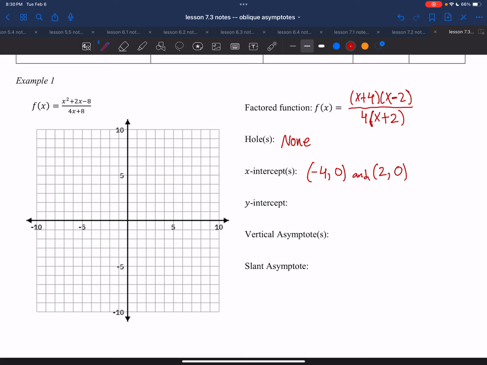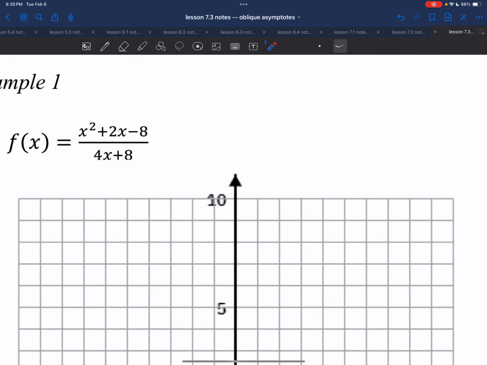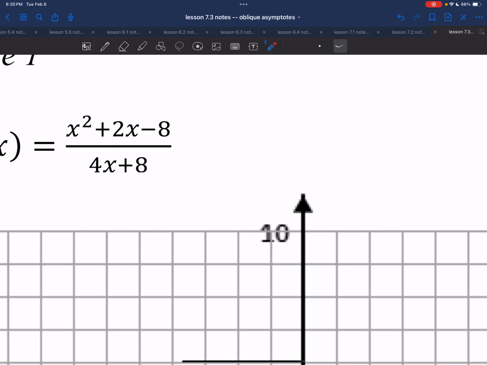Next up is y-intercept. To find a y-intercept, you make x 0. The y-intercept is when x is 0, so I'm just going to cross that out. I'm going to cross this out because those are zeros. I'm going to cross 4x out. That's 0.